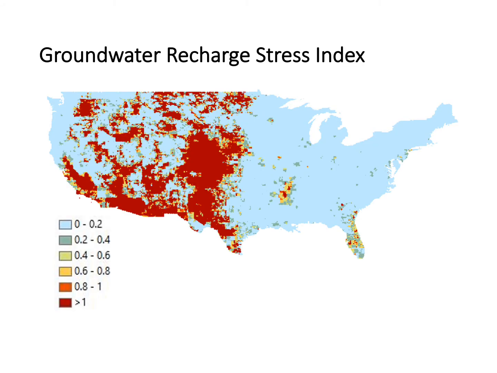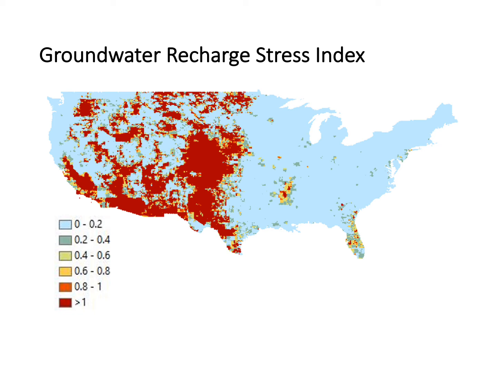Okay, this map of the USA is the result of the groundwater stress index equation. The values more than one, which are red, mean water withdrawal exceeds recharge. Much of the western US, especially California and the high plains, have high withdrawal rates and low recharge rates, making this region more unsustainable.